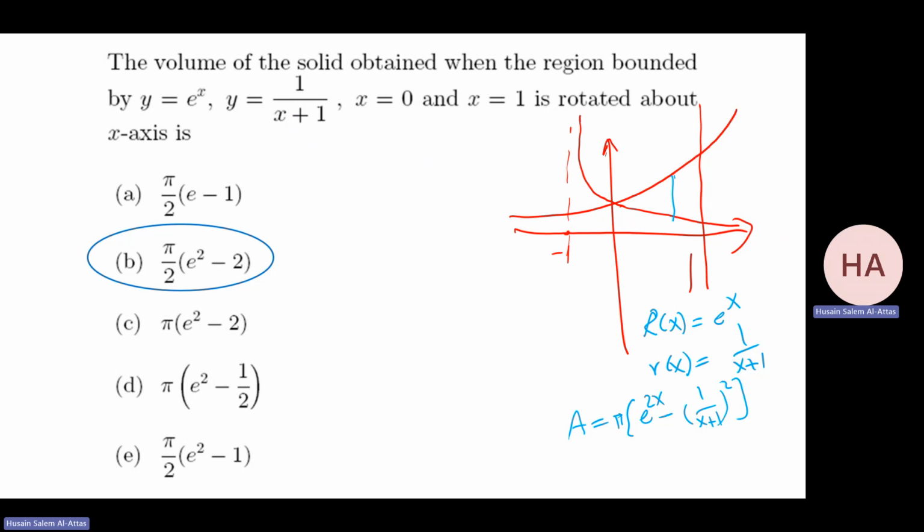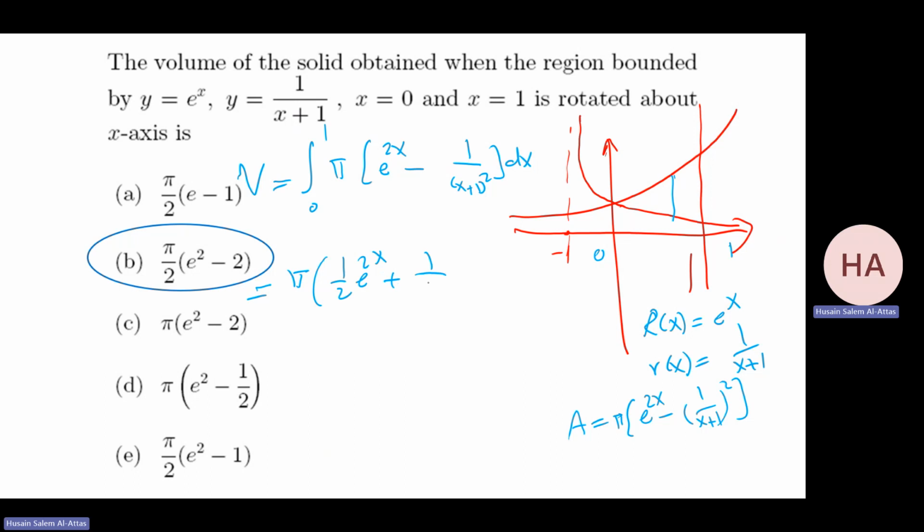Okay, so the volume from where to where? This one is from 0 until 1. So it's from 0 until 1 of pi times (e to the 2x minus 1 over (x plus 1) squared) dx. Integrate. That will be pi times half e to the 2x plus 1 over x plus 1, from 0 to 1.